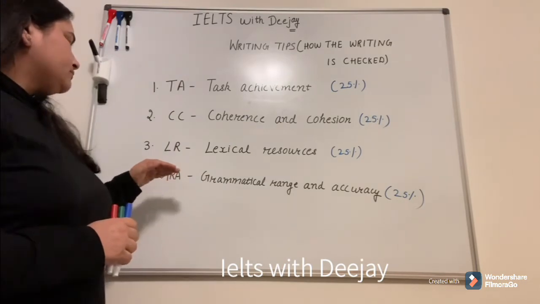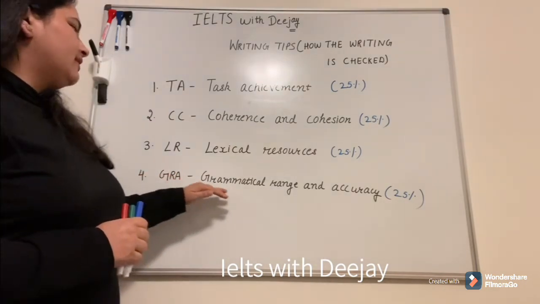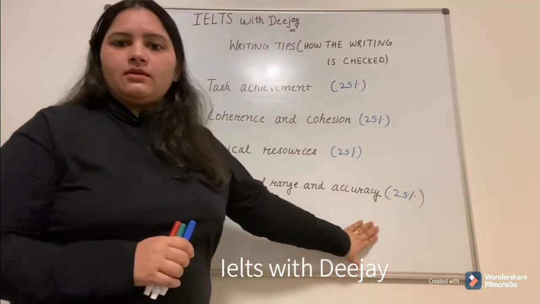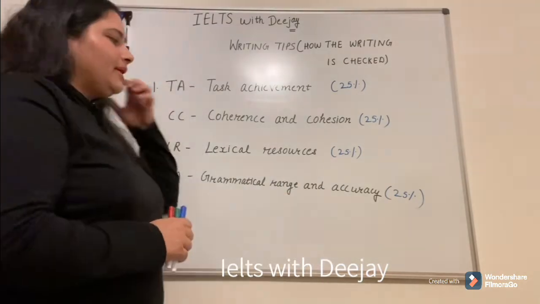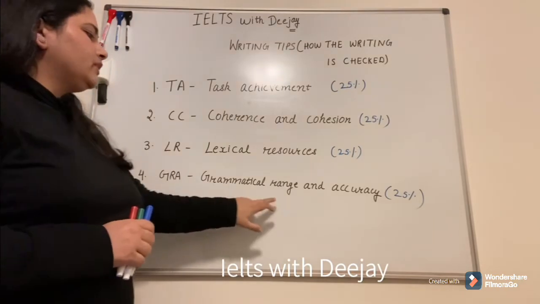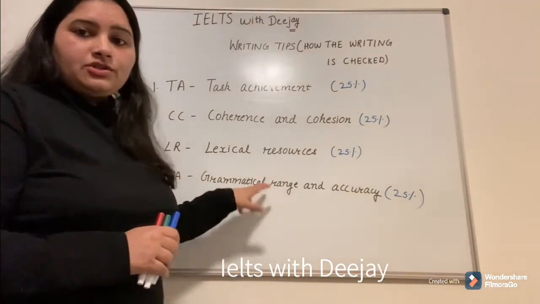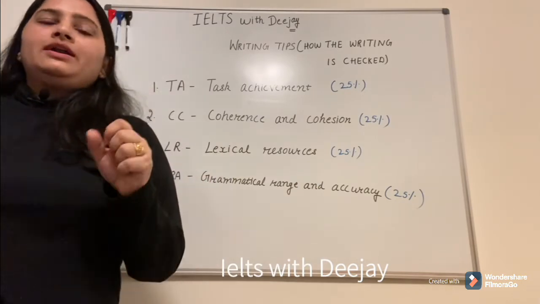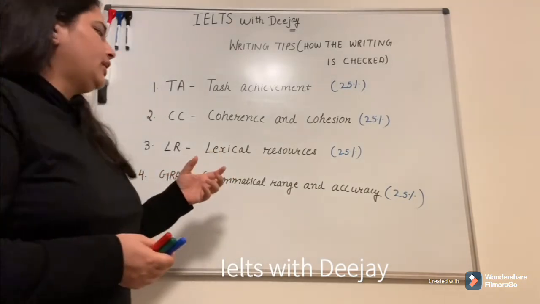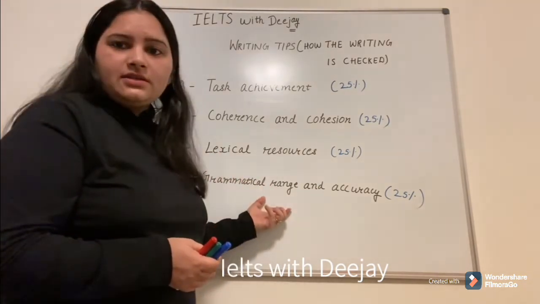After that, we have GRA, that is grammatical range and accuracy. Range and accuracy. That means you have to show a range, that you know a variety of sentences, a variety of tenses. You should add some complex sentences.